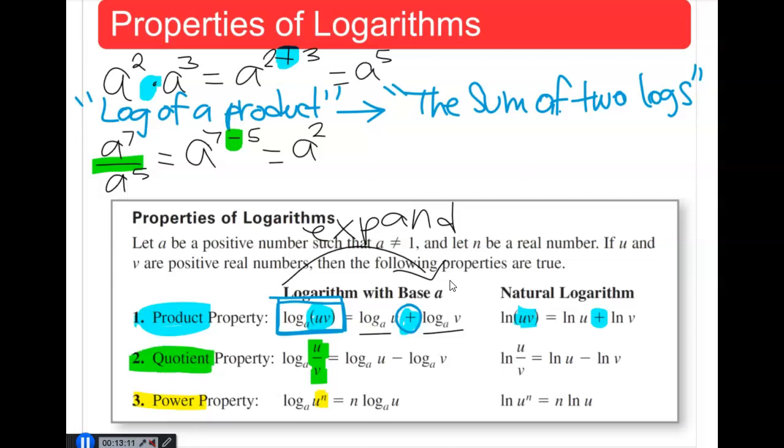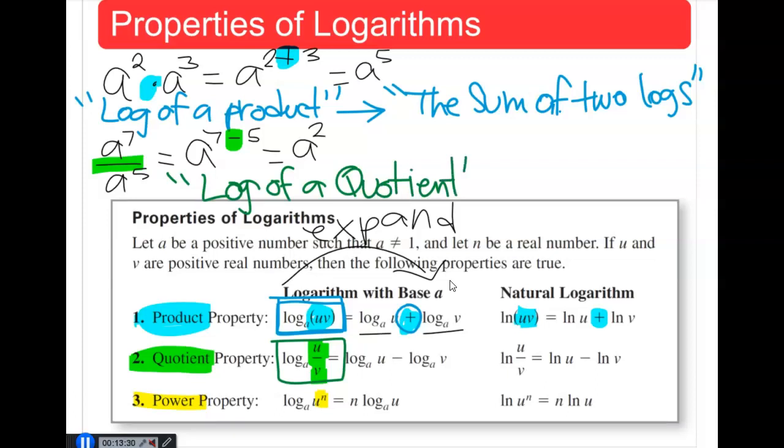We have the quotient property, the log of a quotient, that's how we call it. This side here, log of a quotient, and we expand it as the difference of two logs.